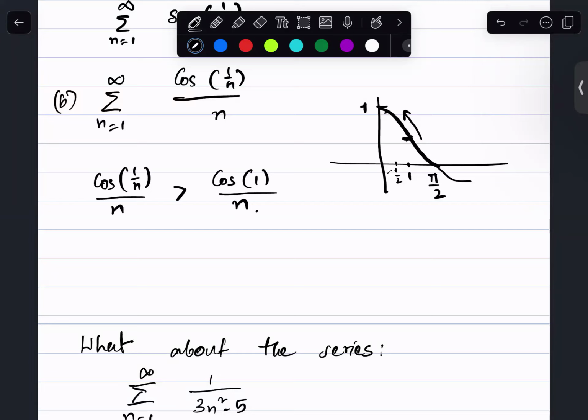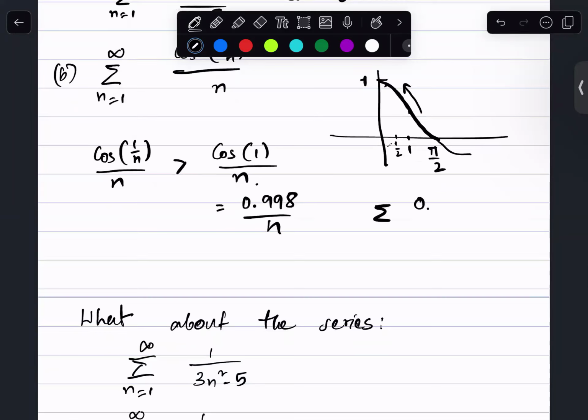So cosine 1 is the lowest among all the possible values of cosine 1 over n, where n is from 1 to infinity. So in this case, this is bounded below by 0.998 over n, and summation 0.998 over n diverges, right?